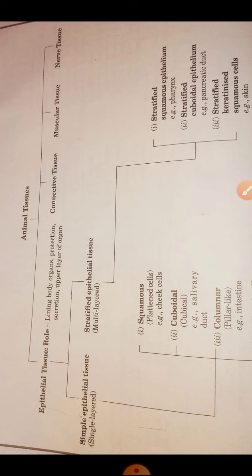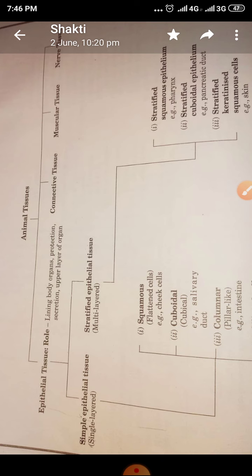Okay. We have already studied epithelium tissue: if it is a single layer, it is called simple epithelium tissue, and when there is more than one layer, it is stratified epithelium tissue. As per the function, organs which need more efficient diffusion have simple epithelium tissue.